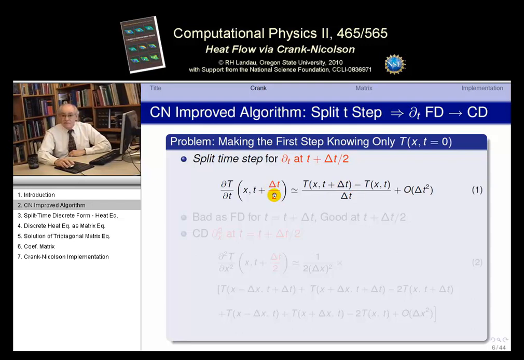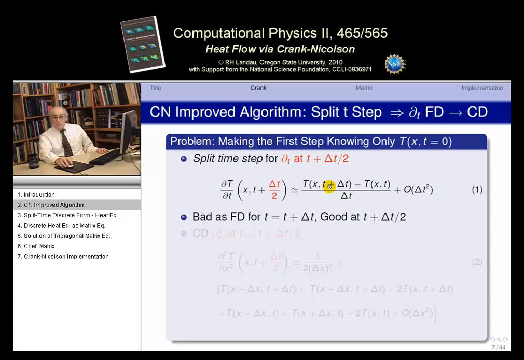If we subtract delta t over 2 from this time, we get t. So we have equation 1 can be thought of as either a bad approximation for using the forward difference method for the derivative at time t plus delta t, or as a good approximation using the central difference method at time halfway in between, at a half step.